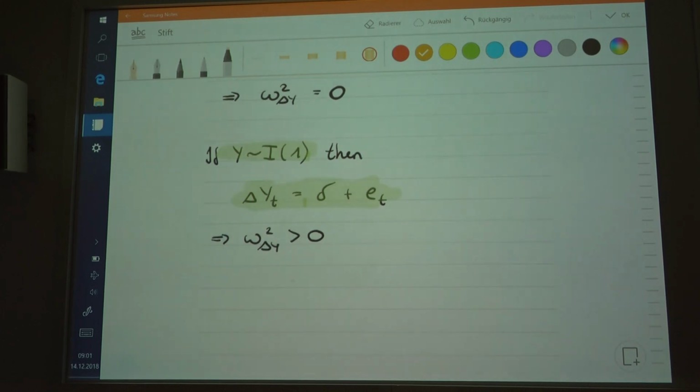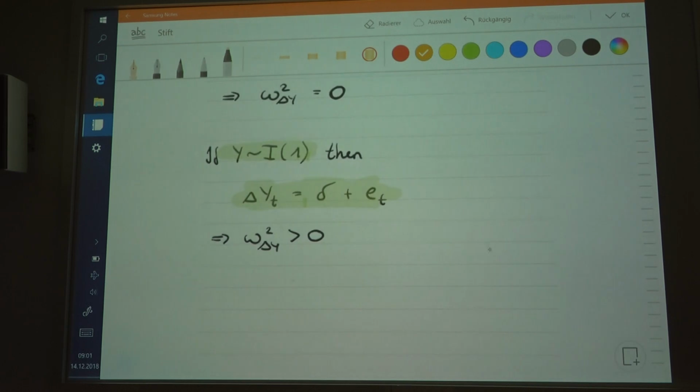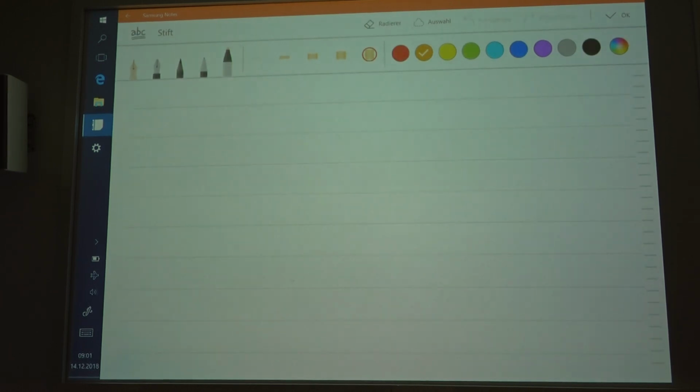The question is, how do you test for unit roots? That's what we're going to look at now. This is chapter 7.2, unit root testing.